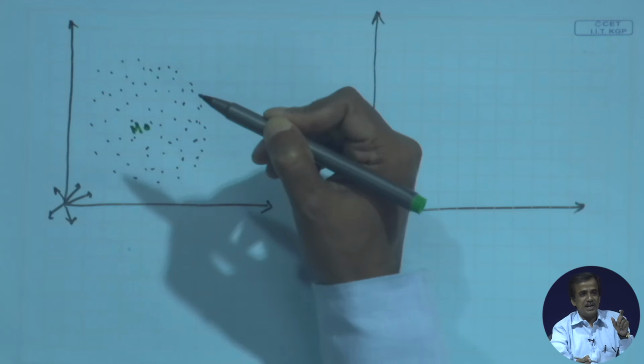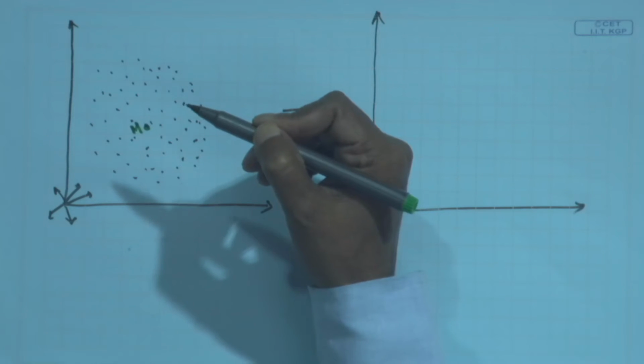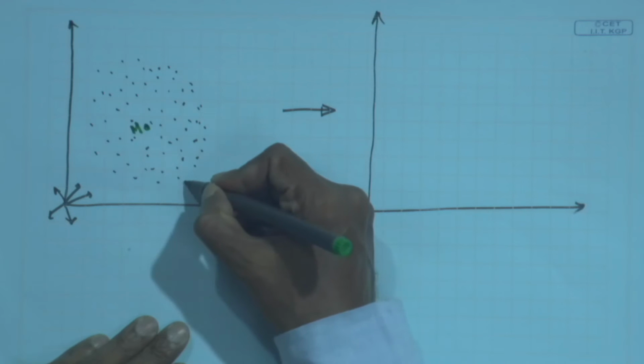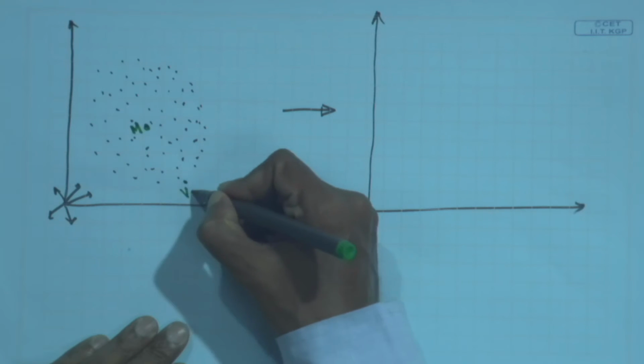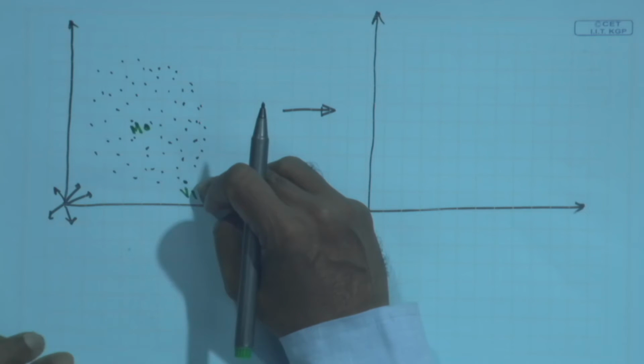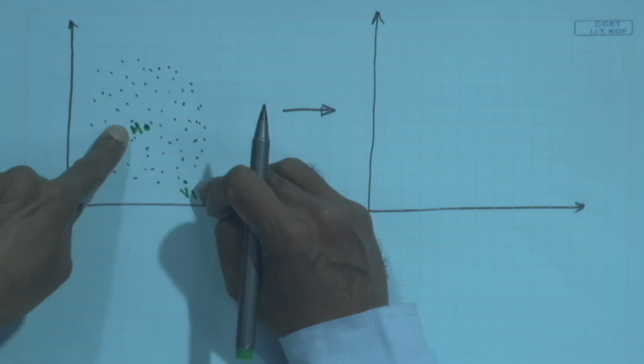How many Euclidean distance values will we get? Capital N Euclidean distance values, and you find the point for which you get the maximum Euclidean distance value. That point will be the first pivot point, your V1. Supposing V1 is here. So, V1 is a point having the maximum Euclidean distance from the centroid M. I think this is clear to all of you.